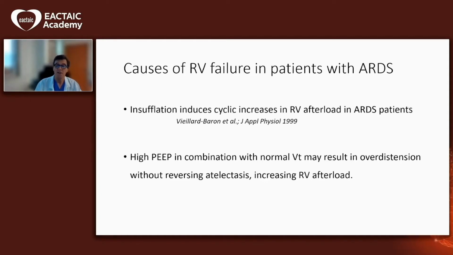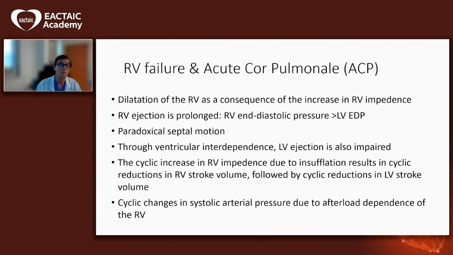And if this does not produce the expected effect, which is reversing atelectasis, this will result in increased afterload as well. All these factors contribute to right ventricular failure, which will be first manifested as a dilatation of the right ventricle as a consequence of the increase in right ventricular impedance.